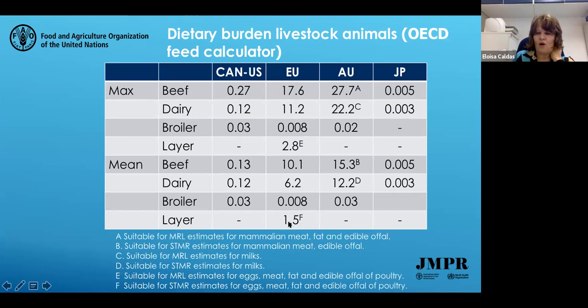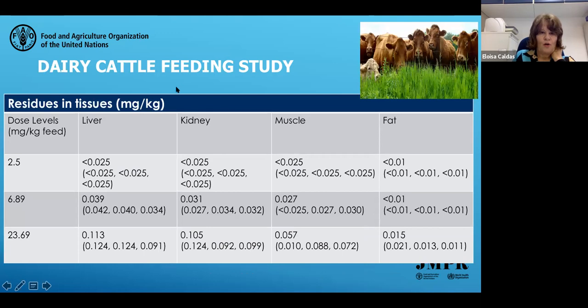I'm showing this only for cattle. The company gave a daily dose, in milligrams per kilogram body weight in the feed, to the cow. At this level, they did not find any residue.